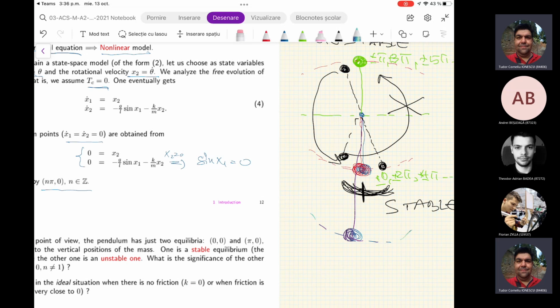What happens when there is no friction, K equals 0? What happens? It will spin faster. Not necessarily. But if you just give it a nudge from the vertical position, what will happen?